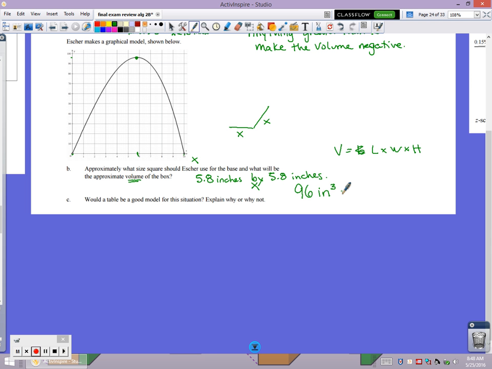All right. And the last step says, would a table be a good model for this situation? Explain why or why not. Well, a table, if it included every single value, would be a really, really huge table. So a table doesn't really make sense in this situation because you kind of have to limit the number of entries on a table. So I would say a table is probably not the best model.